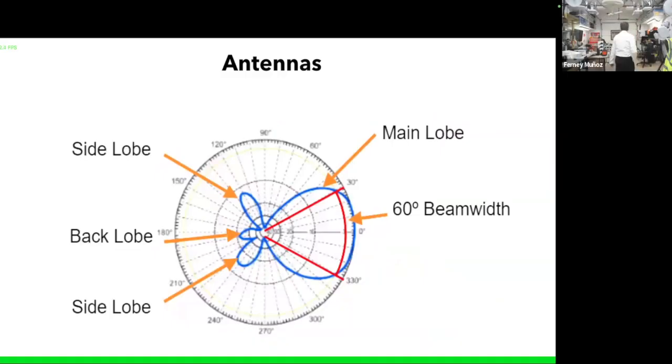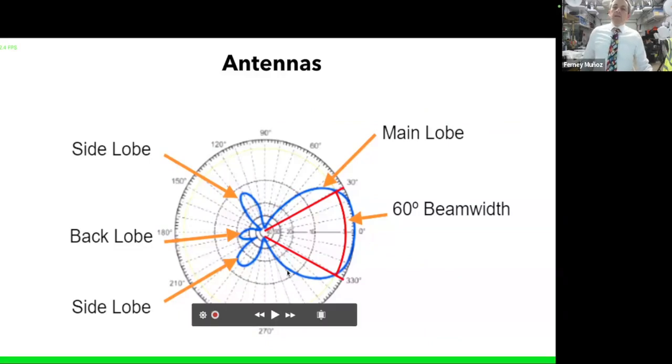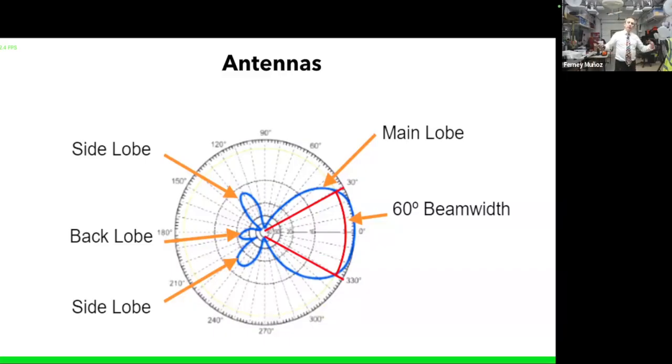Those antenna graphs, those antenna charts will tell you the shape of the radiation pattern, in which direction that guy is sending waves. The main lobe is the main area that the antenna is sending waves at, and then there are some side lobes and back lobes, and that is energy that bleeds to the sides or to the back of an access point.